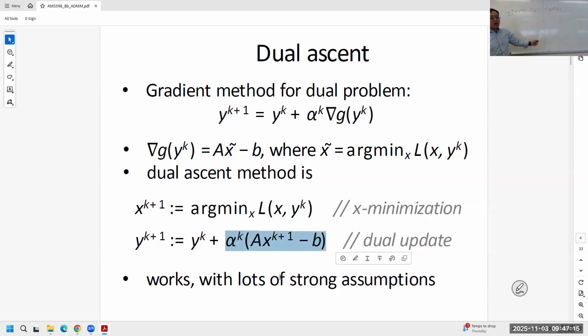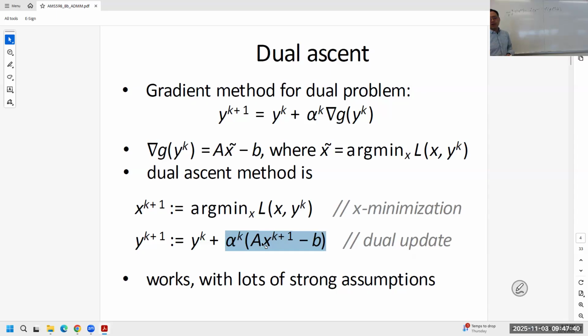We don't want y to go to infinity, so what we do is move y in the direction of its gradient to make the Lagrangian value increase a little bit, instead of taking the maximum.